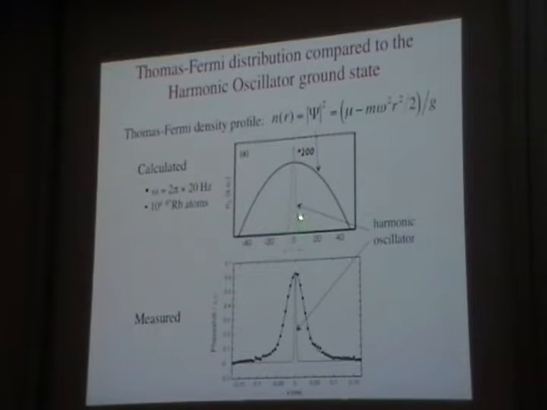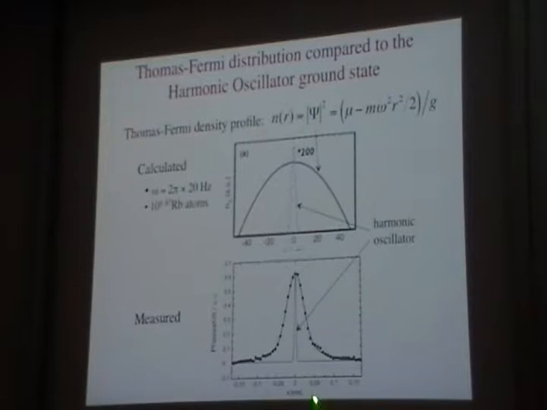If I just look at the ground state of this 20 hertz trap, the wave function is this Gaussian-shaped wave function here. So clearly the interactions of the atoms basically blow the size of this wave function up quite a bit. And you can see that this is so much larger than the width of this that it was a good approximation to neglect the kinetic energy of the system.